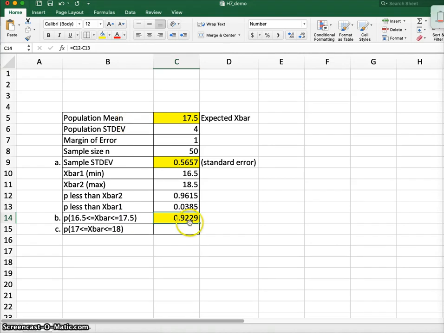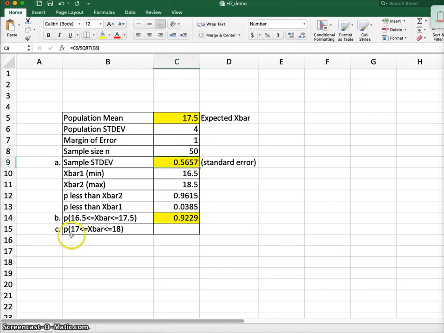The probability is fairly high, 0.9229. Now if I change the sample size and ask what if the sample was 100, the probability is much greater than 0.9229, so I have much more confidence. You understand? All right, I'll change this back to 50.